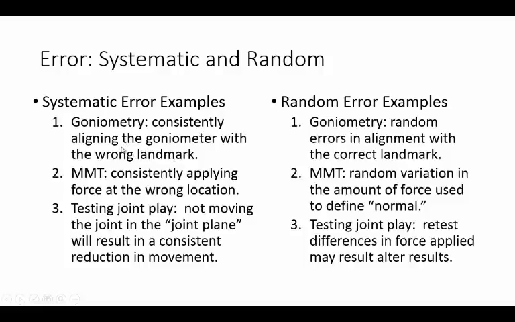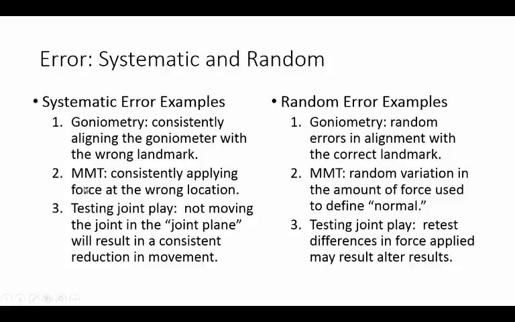If you consistently miss the landmark and put the goniometer 2 centimeters in the front or 1 centimeter in the front, so this is a systematic error, meaning that you are making the same mistake with the exact same measure every time.